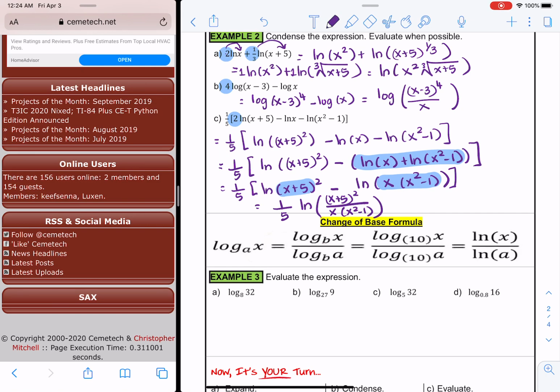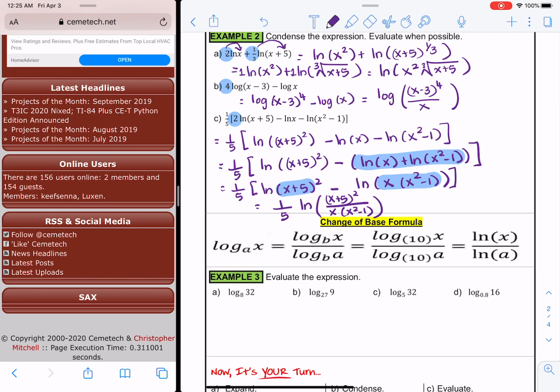So here is something called a change of base. If we have log base b of x divided by log base b of a, then we could simply write it as ln of x divided by ln of a, or log base 10 of x divided by log base 10 of a, depending on the base.